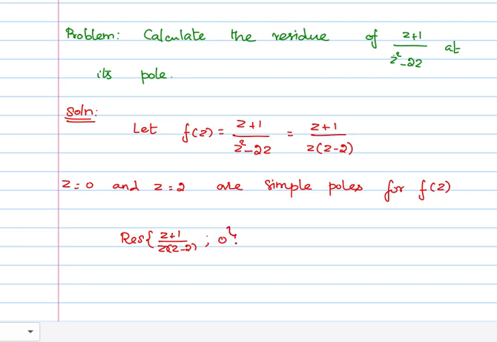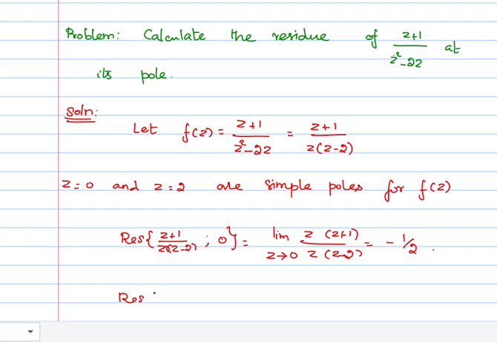From the formula, you take the limit as z tends to 0, so the z and z cancel, and you will get minus 1 over 2.